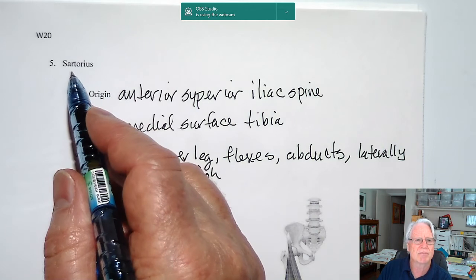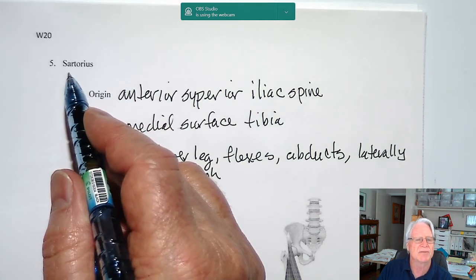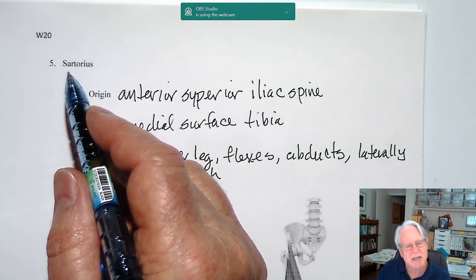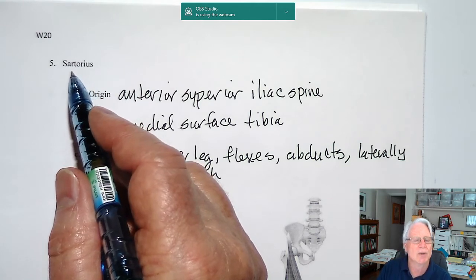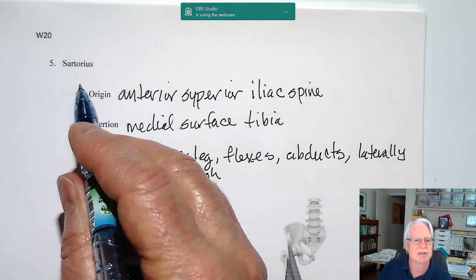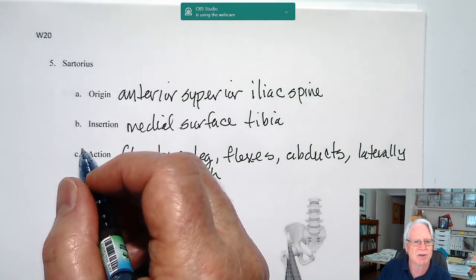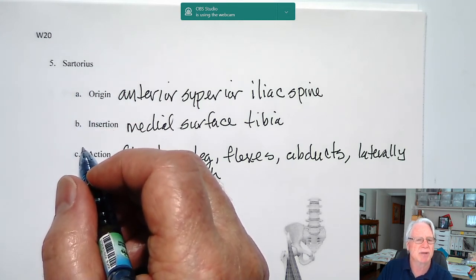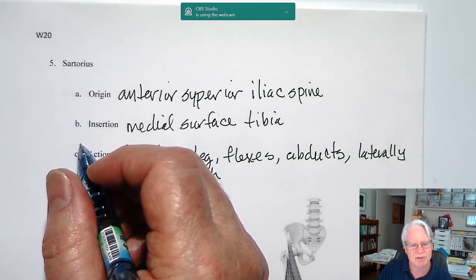And the reason that we identify that as the tailor's muscle is because in the old days, when tailors were without machines, they would sit down on a chair, cross their legs, and provide a platform for the garment that they were sewing on.